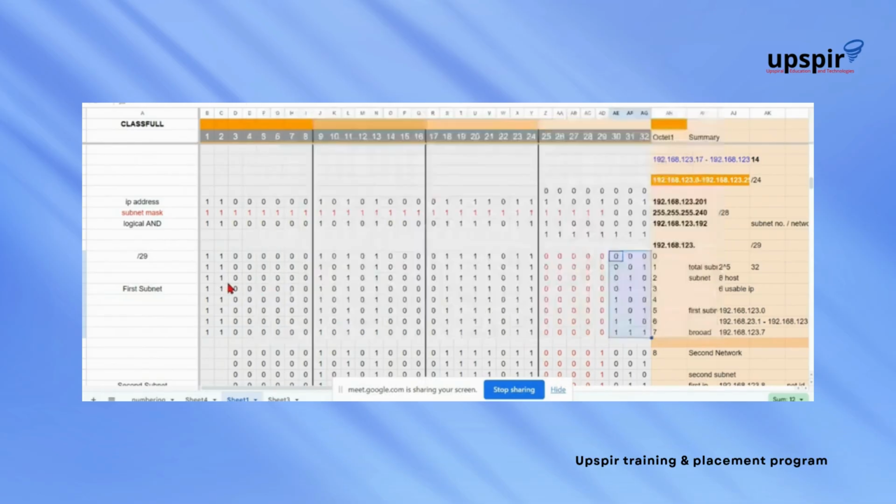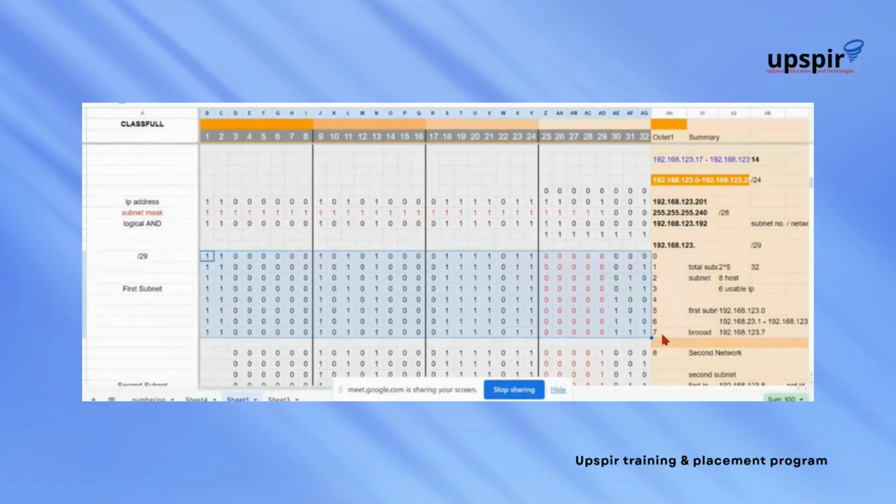This entire thing is an example of a single subnet of slash 29, in which all these are the possible 8 IP addresses. This is an example of 192.168.123.0, and it will go till 192.168.123.7. So this 111 is nothing but the 7.